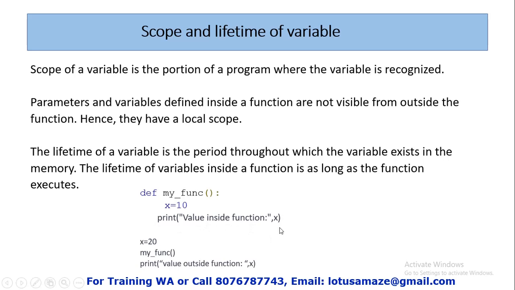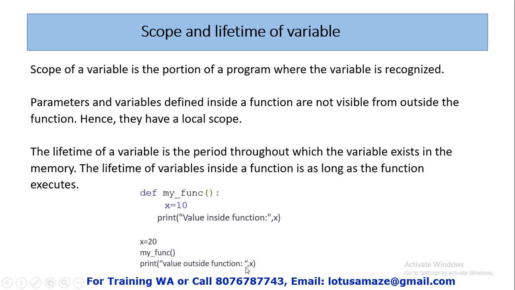So value inside function is 10, but outside function, like for example in the program, if x its value is declared as 20, so this is the scope of this variable x, and once we print value outside function, it will print 20 only, 20 here.